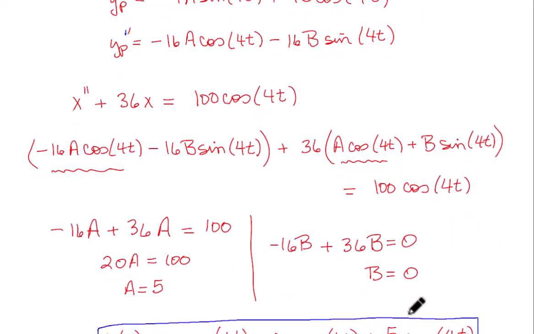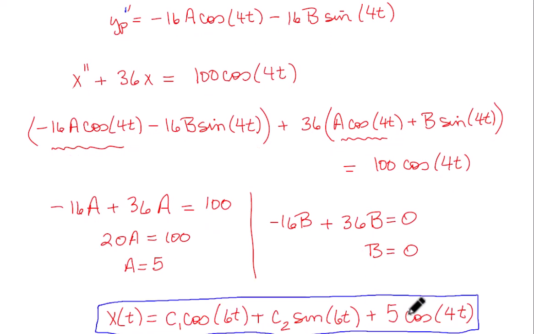And so now if you match up the coefficients, I've got the cosine stuff, and the right-hand side has some cosine. So minus 16a plus 36a must be 100. And so I can solve to get that a is 5.